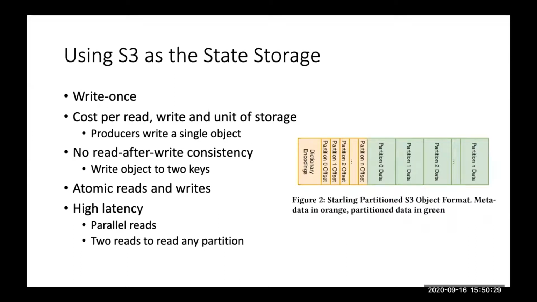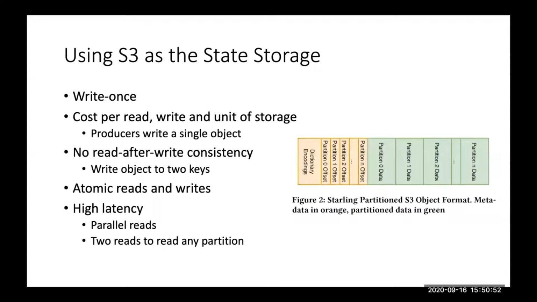Also, to mitigate S3's read tail latency issues, they issue multiple reads. If they issue a read and it does not come back in time, they issue another read. I'll talk about how they do that in the next slides.